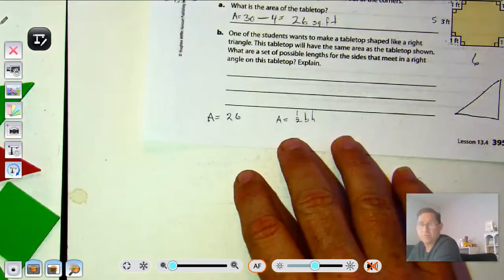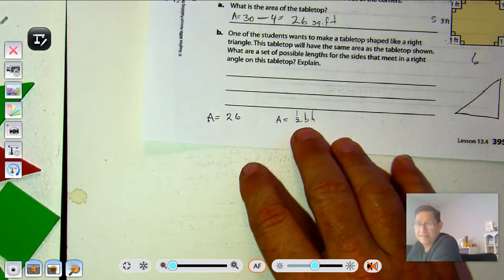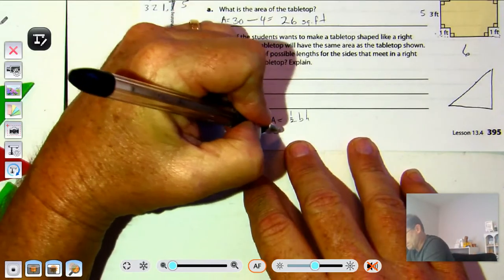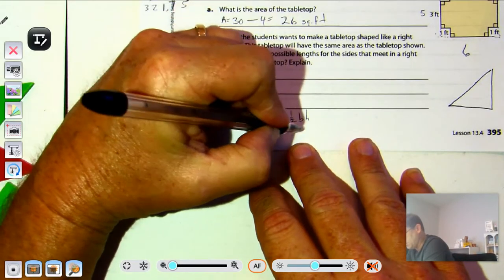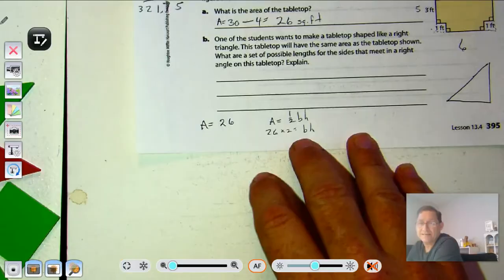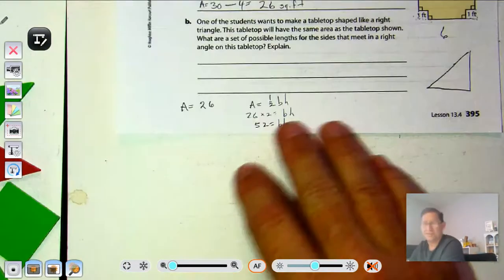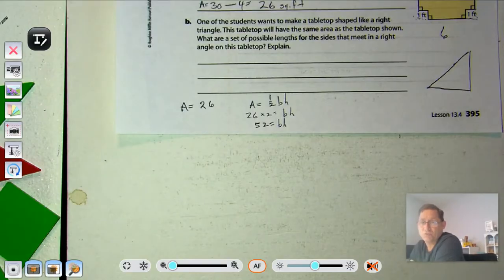We also know that the formula for area of a triangle is 1/2 the base times the height. So if we multiply 26 by 2, that'll tell us what the base times the height has to be. So we need a combination that gives us 52 square feet.